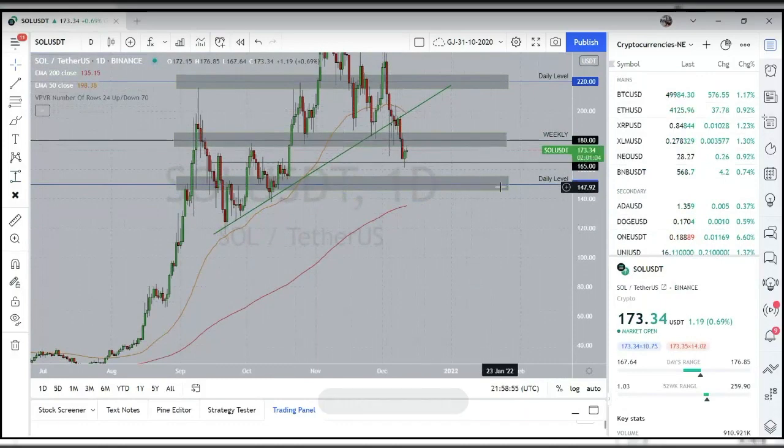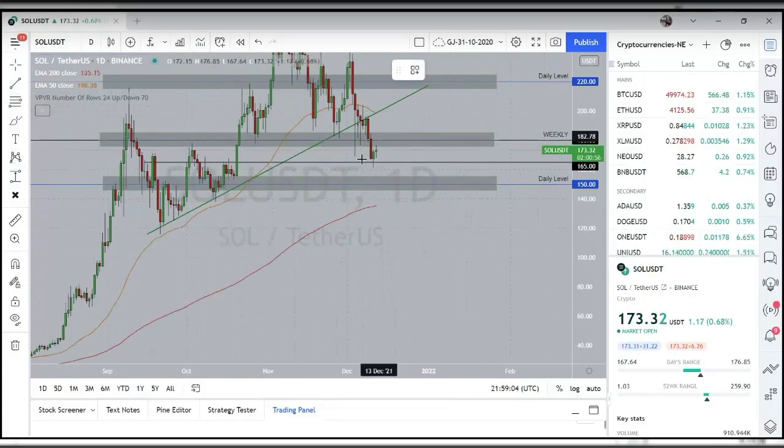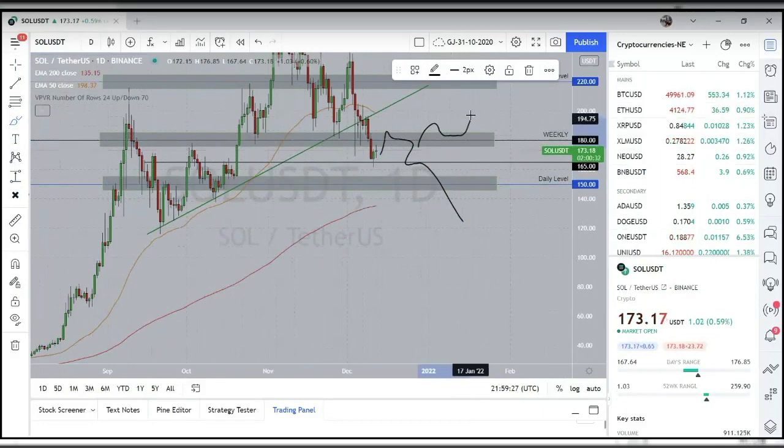So we could possibly see a return back above or somewhere around this level before confirming lower and going down. That's the bearish scenario. The bullish scenario just looks a bit similar at the start. We get back above, trade around here, break that, confirm this previous level as support, and then we go up from there.